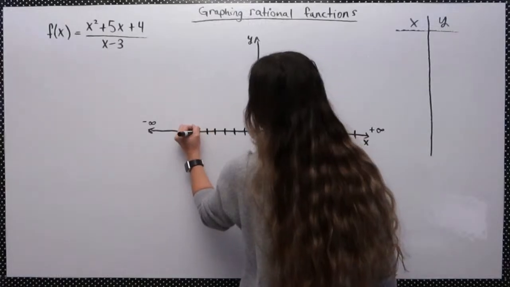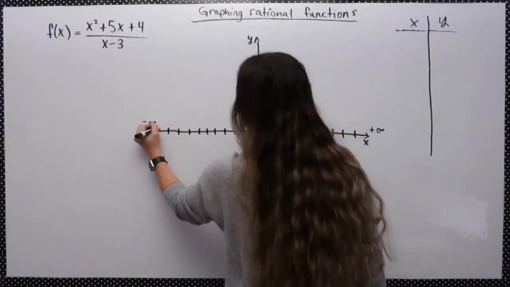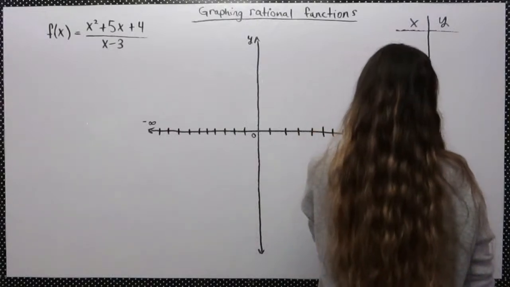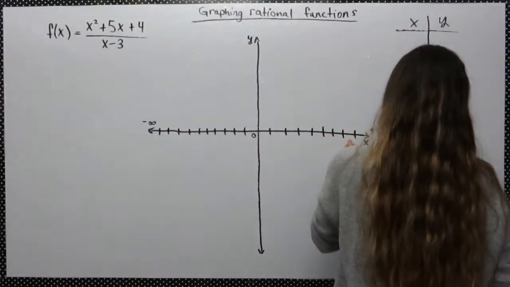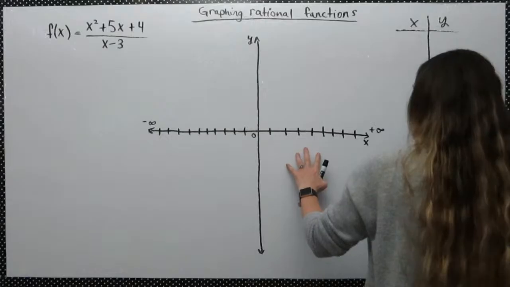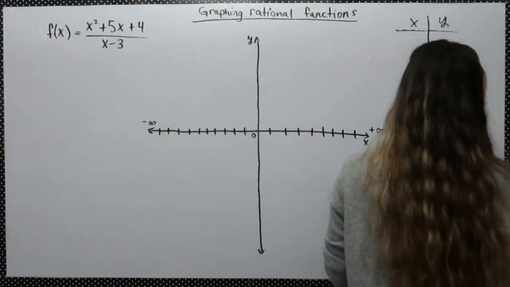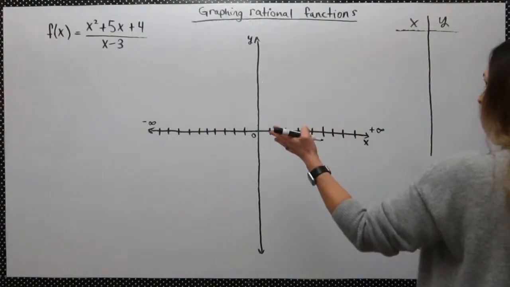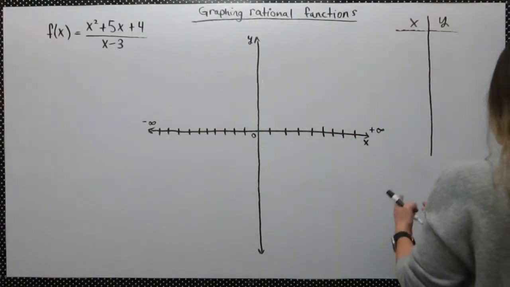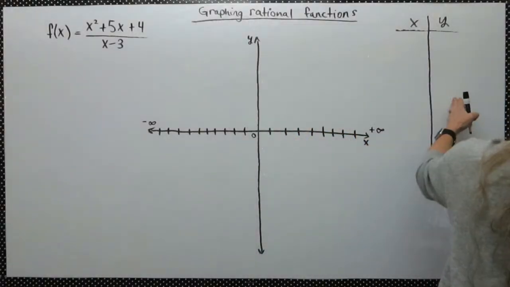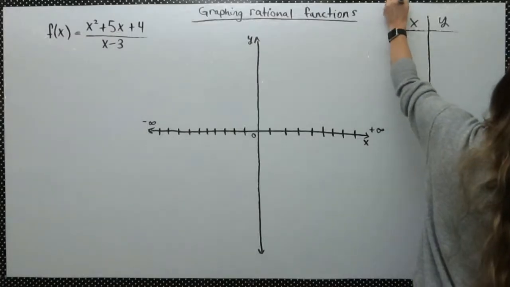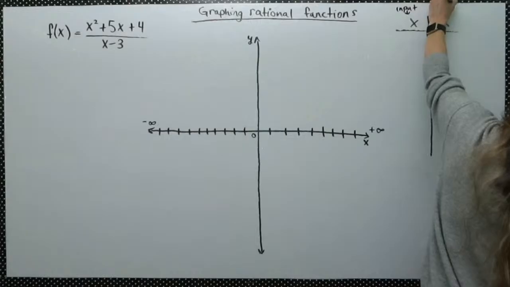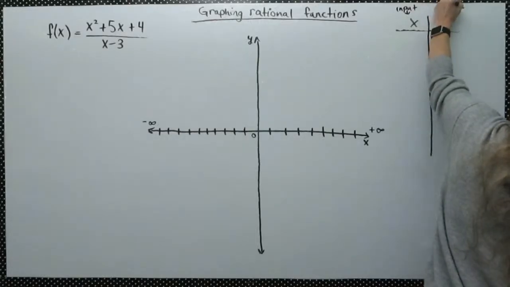So you select your values of the independent variable. That's why the x-axis is independent: the function depends on what values you pick for the domain. You select your inputs, put them in the function, do some algebra, and then you have your outputs over here. So this is input, and this is output, essentially.